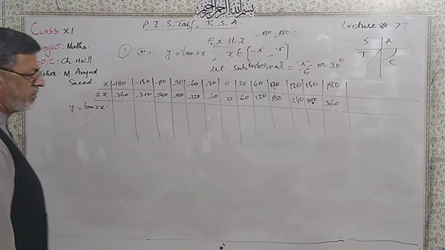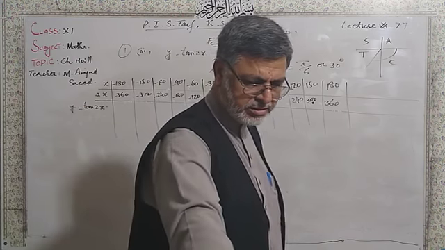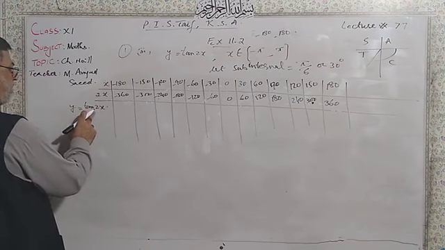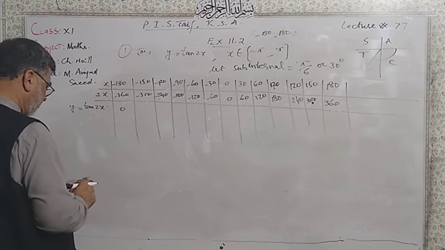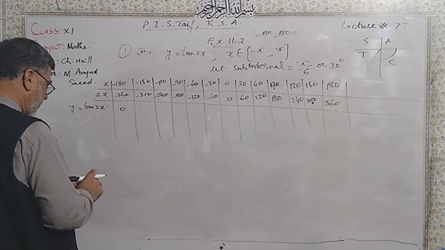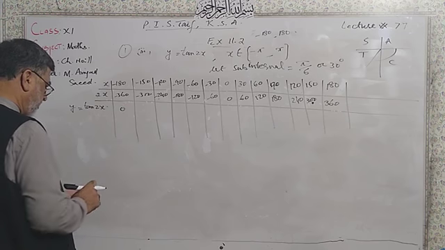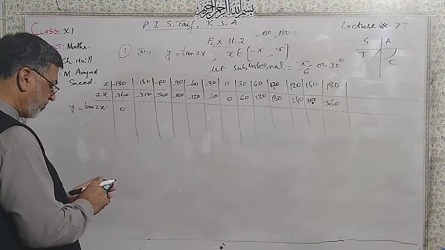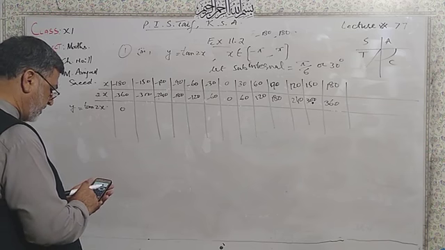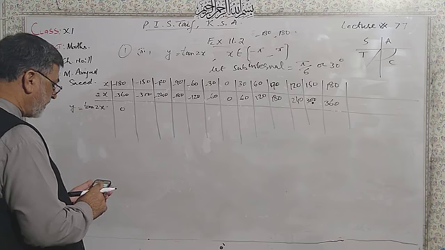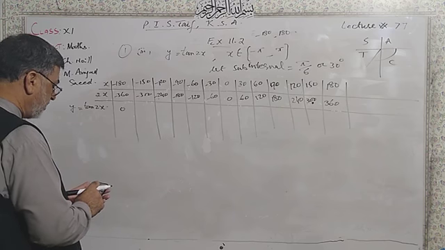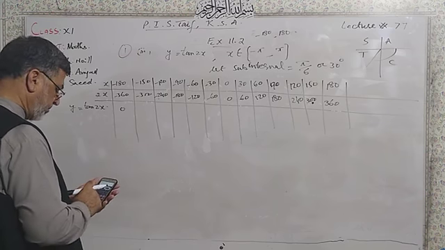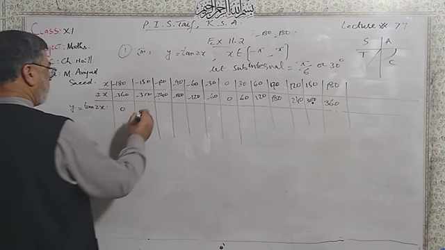Dear students, we have tangent minus 360, that will be 0. Tangent minus 300, that will be 1.732.